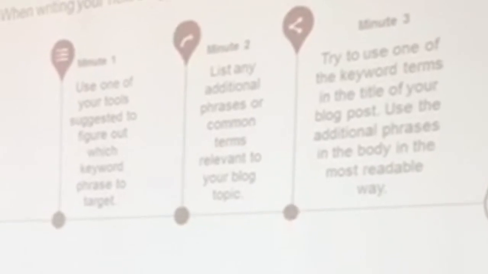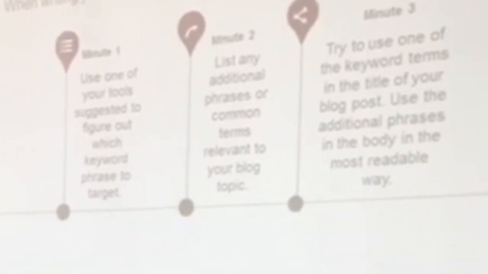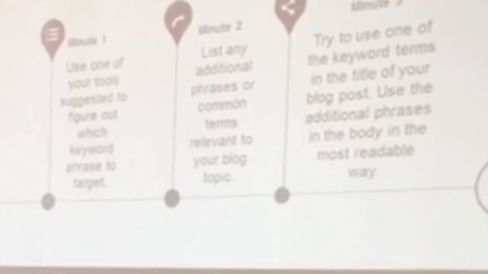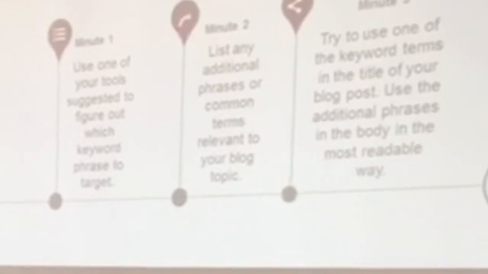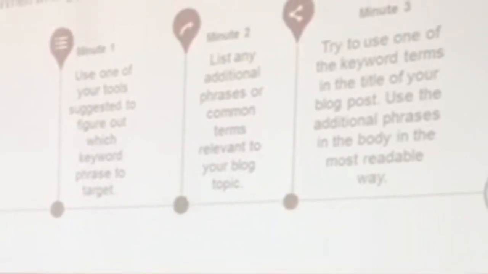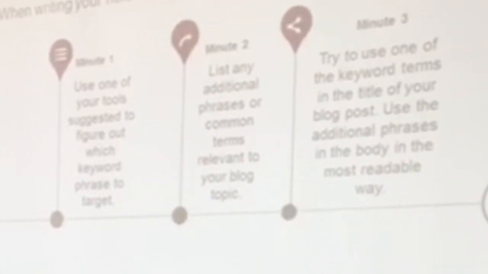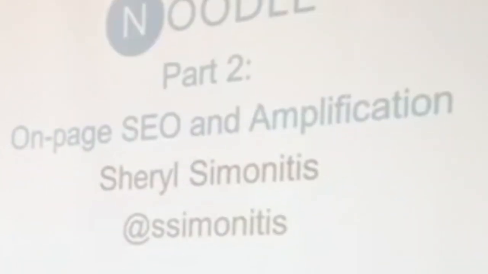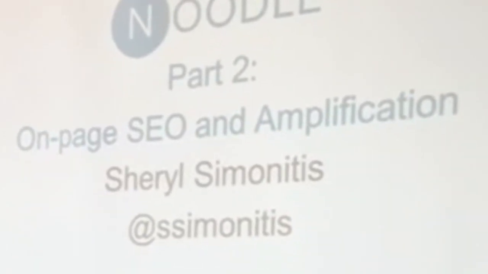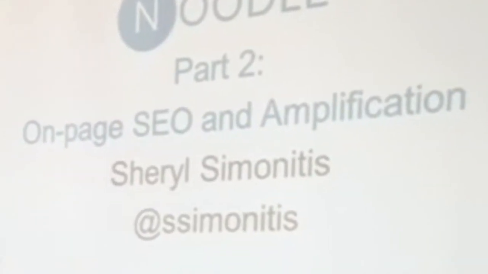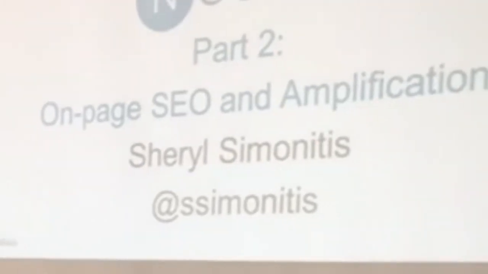And this exercise is literally 3 to 5 minutes as a starter. There's plenty of things you can do to drill in deeper, and we've pulled together some resources at the back of this deck. But I hope this was a helpful overview about keyword research. I'm going to hand it over to Cheryl to talk about how to use those.